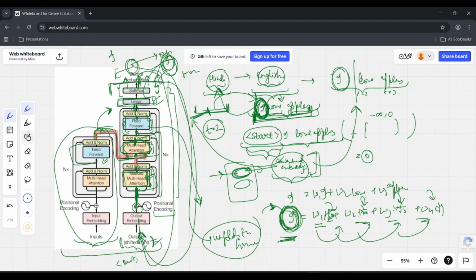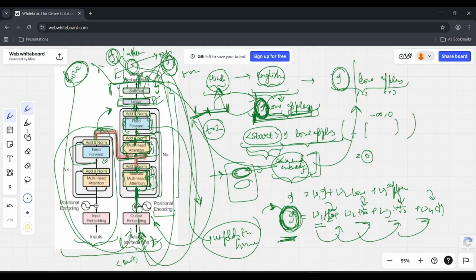It will produce I. Then this I will go as input back into our decoder block. Processing will happen, and it will produce the next token, which will be love. Once we have got our output, we pass that as input in time step t equals 3, and we will get the final output, apple. So that is how it happens at the time of inference.